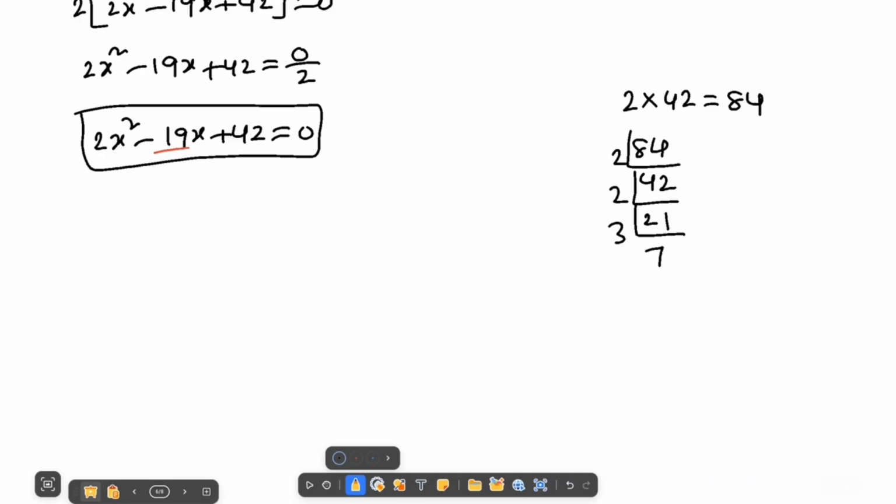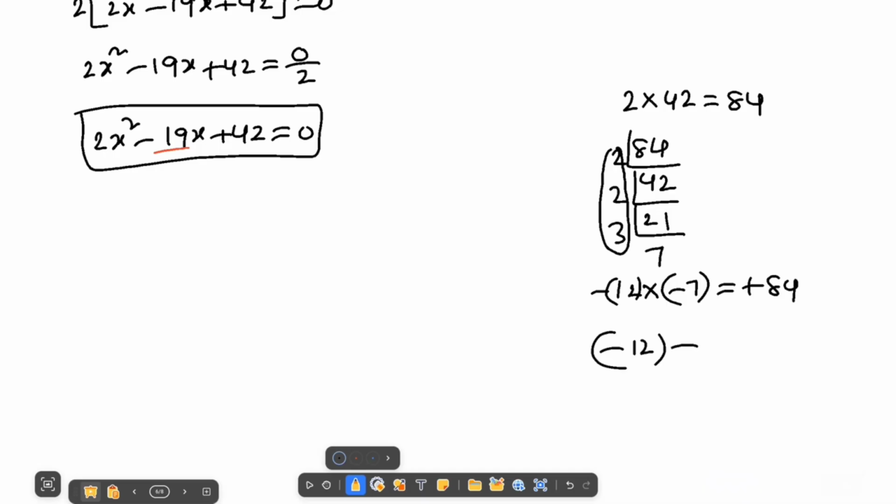So here 2 into 2 into 3 is 12. So minus 12 into minus 7 is plus 84, and minus 12 plus minus 7 is equal to minus 19.